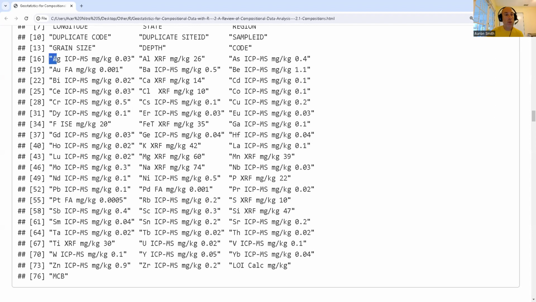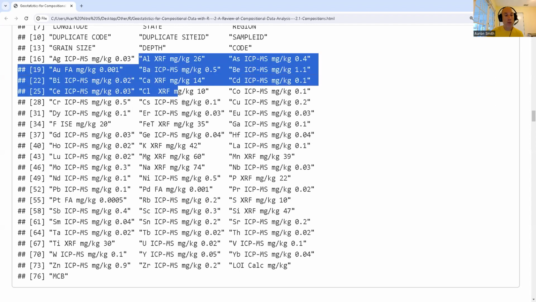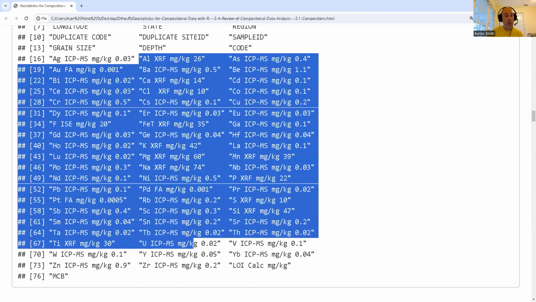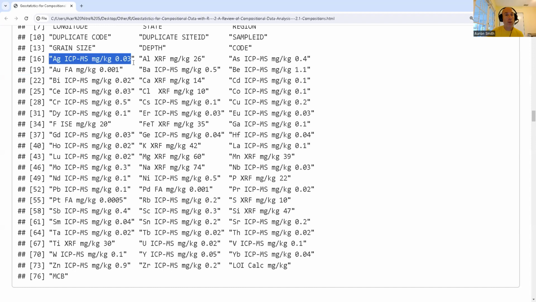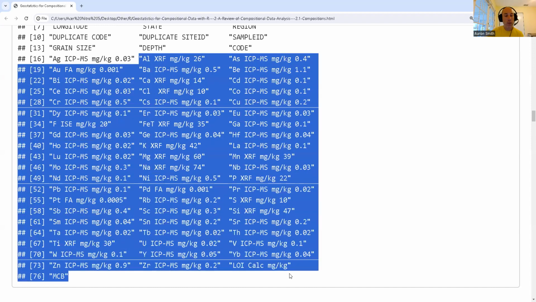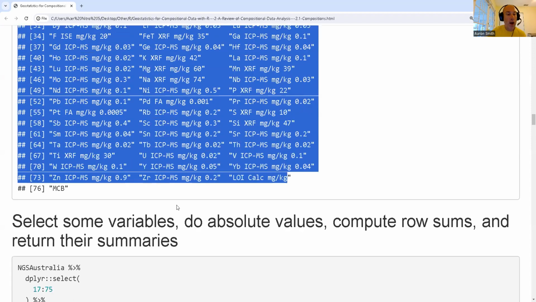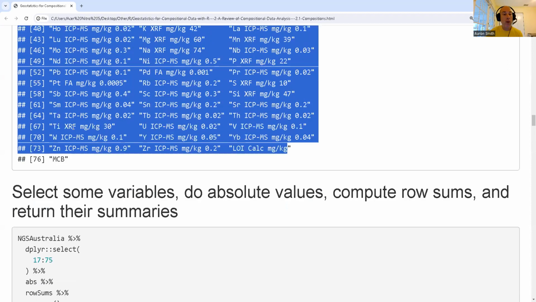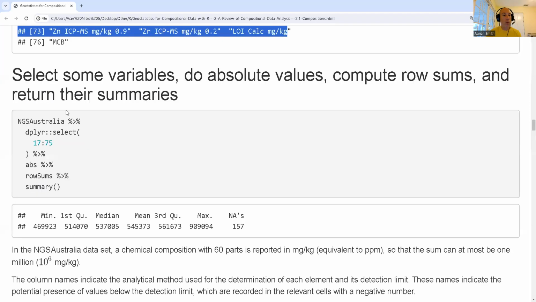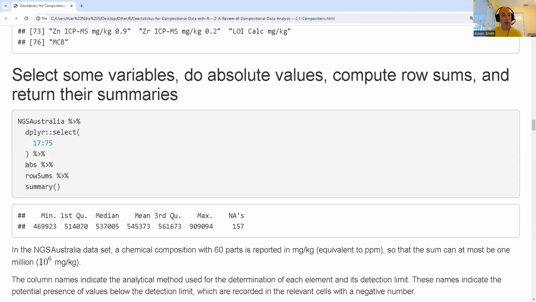This is 16, so 17 through 75 is through here, and we dropped this one. The rest make perfect sense. I'm going with what the authors went with. For some reason they dropped 16, and then went through, got rid of the negative signs, took the row sums, and left it as is. So now we have issues with under threshold.